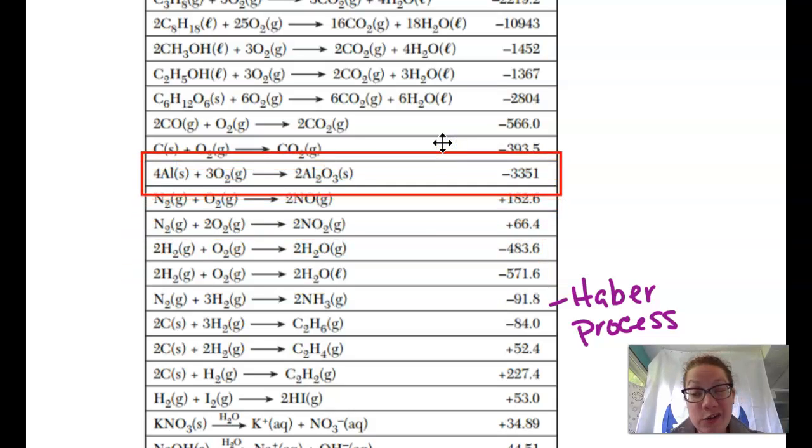So is this reaction endothermic or exothermic? You got it. It's exothermic. Great. And you know that because it has a negative 3,351 kilojoules of heat are given off every time this compound is created.